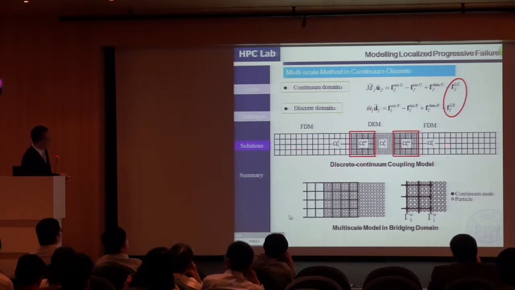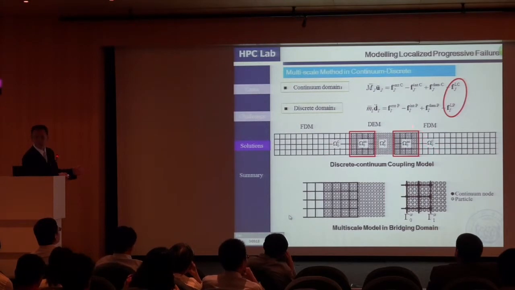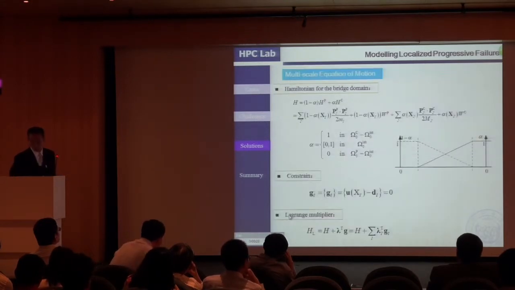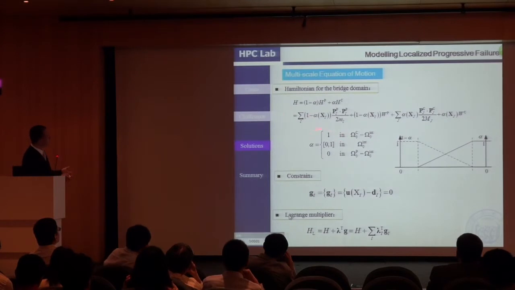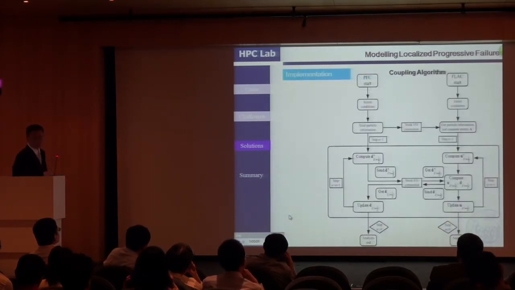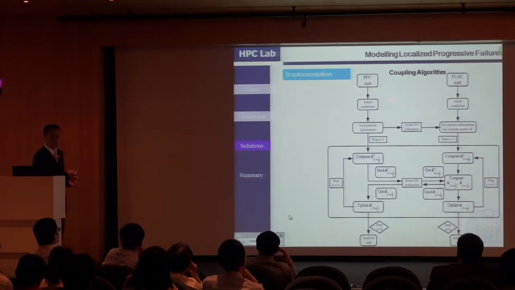This just shows the example of a beam. The same formula was developed like this one, and also the Hamiltonian is the same. We can start the continuum calculation using the commercial software, and also use the particle flow component for the discrete part.